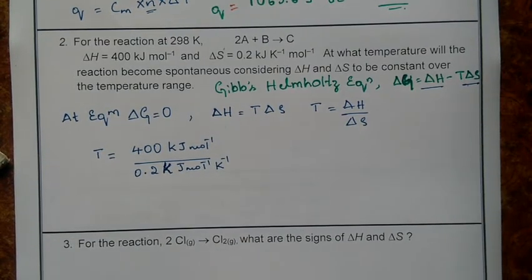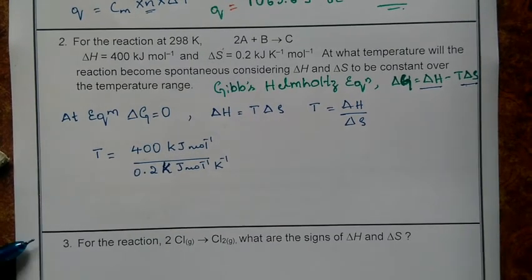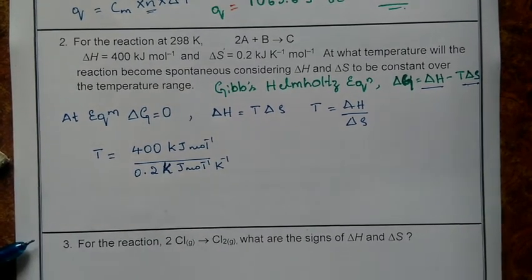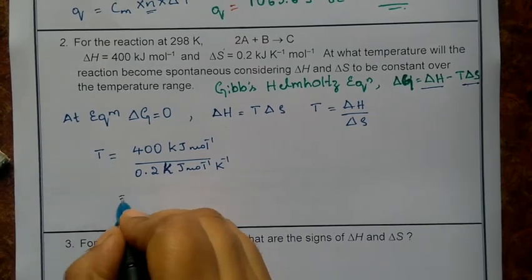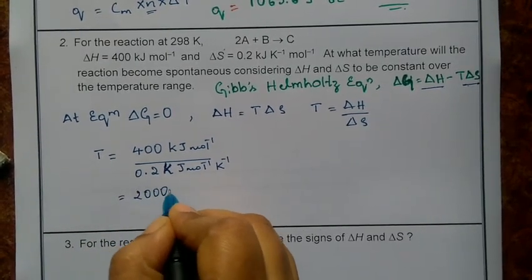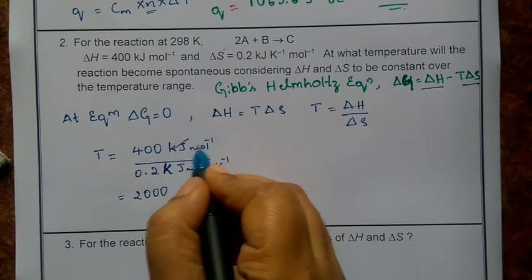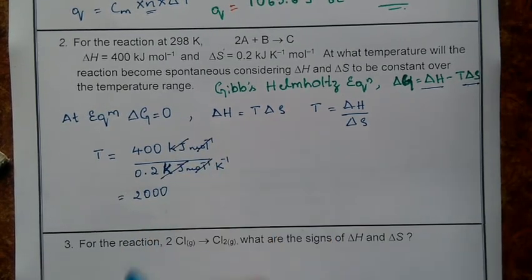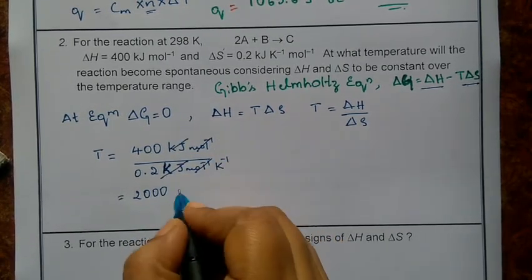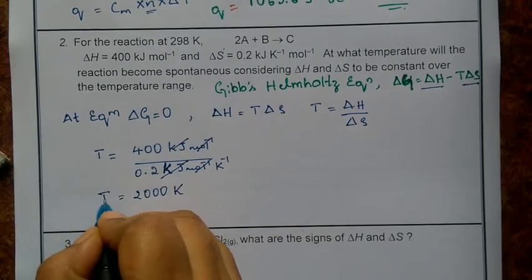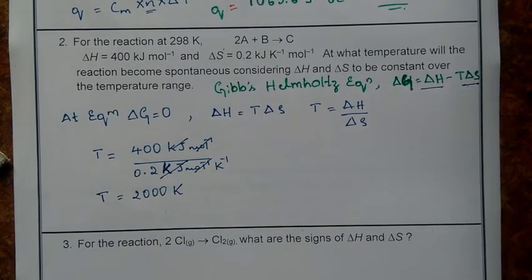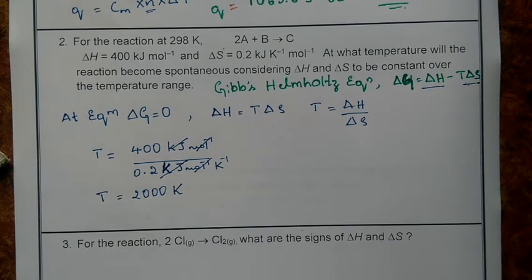So that is the substitution. Now try to solve it. If it is solved, you'll get the answer as 2000. So kilojoule per mole gets cancelled. Per Kelvin, if you shift, then it becomes Kelvin. So we have the temperature as 2000 Kelvin.